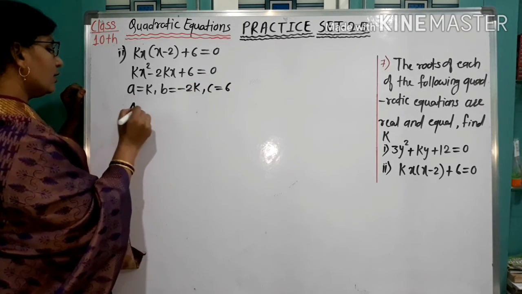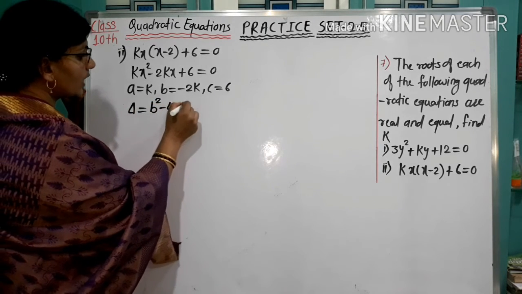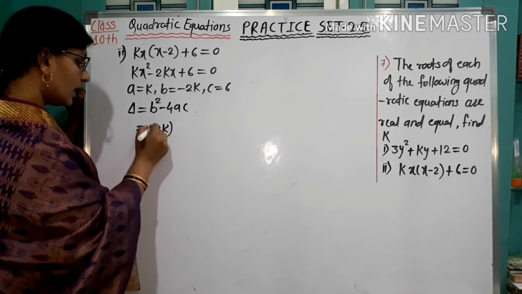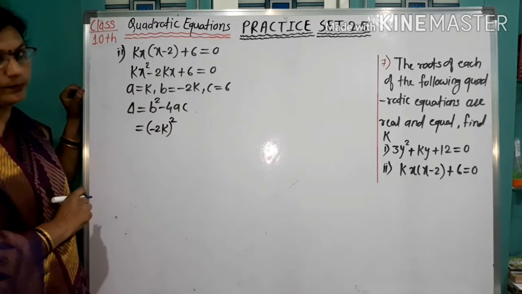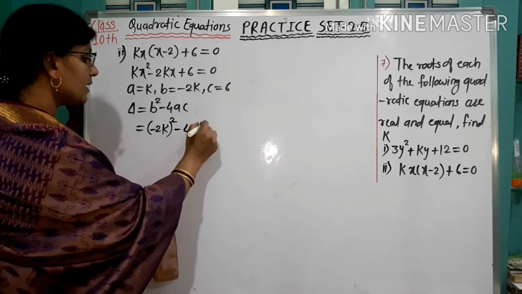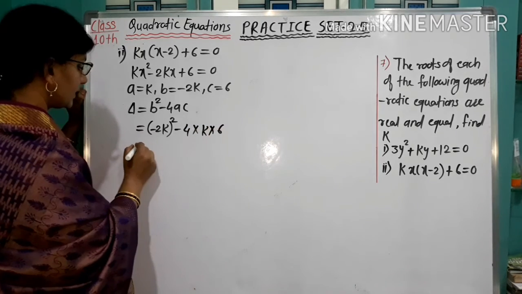Find the value of delta as delta equal to b square minus 4ac. Put the value of b, minus 2k bracket square, minus 4 into the value of a, which is k, into the value of c, which is 6.